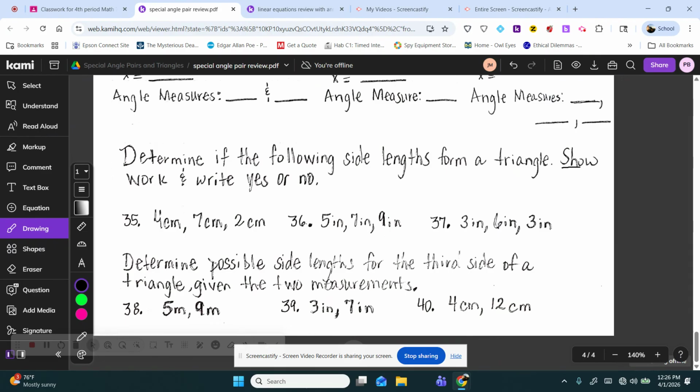Make sure you show the work and write yes or no. I won't prove it. So you have to remember that if the short side plus the short side is greater than the long side, yes, it will form a triangle.